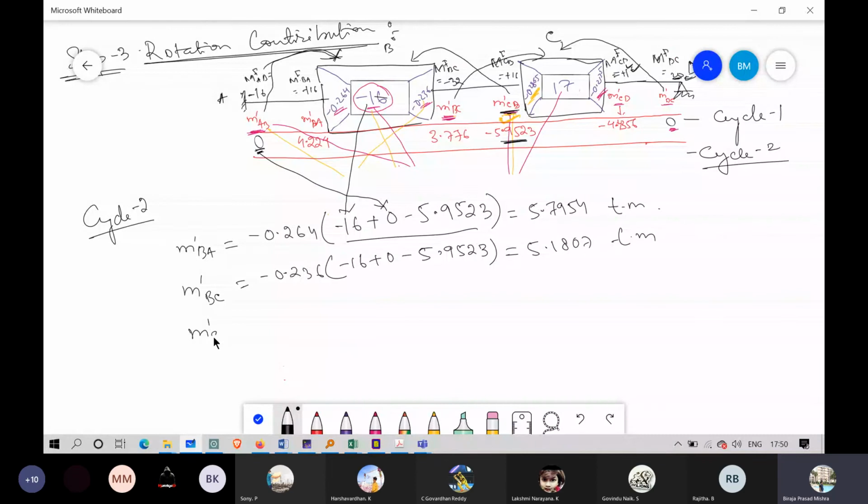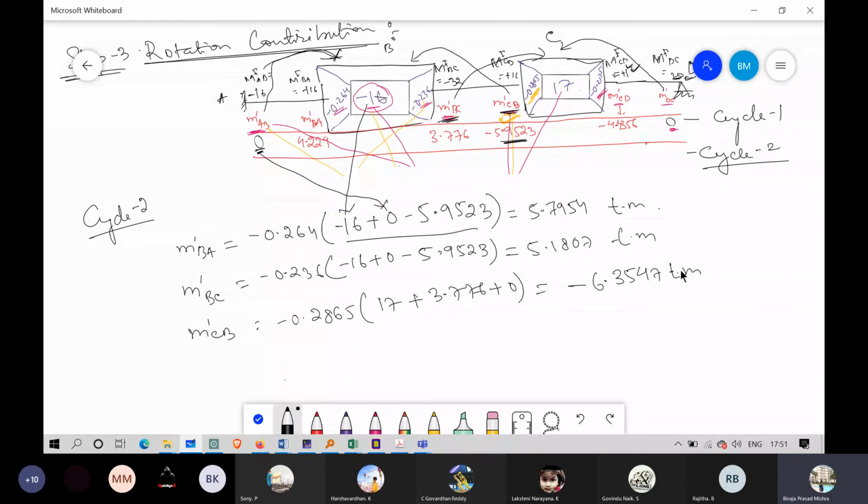So the next value is M bar CB. M bar CB will be 0.2865 into 17, then plus 3.776, and plus this value, so plus 0. So M bar CB equals minus 6.3547 ton meter.